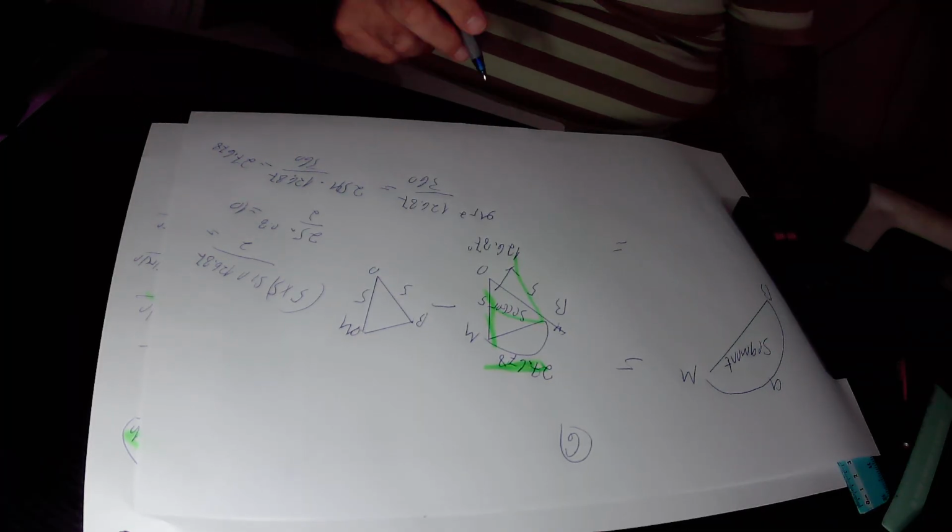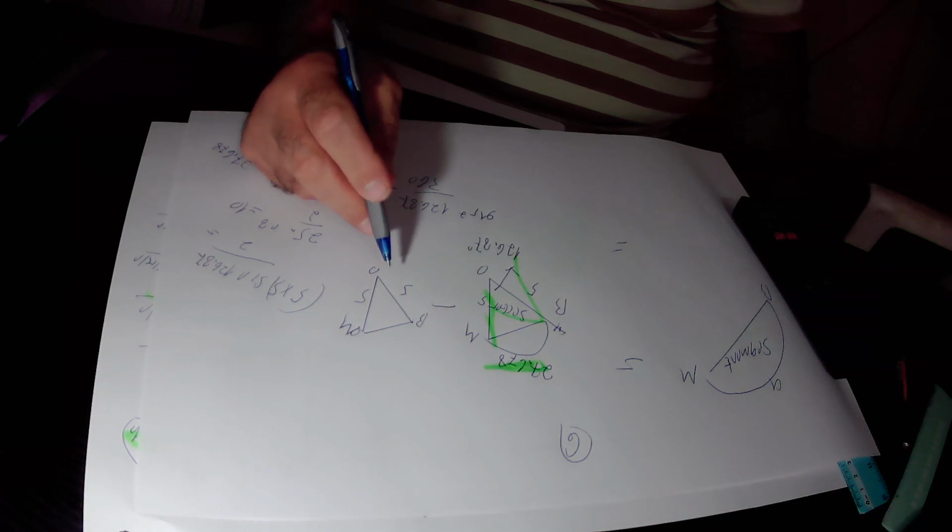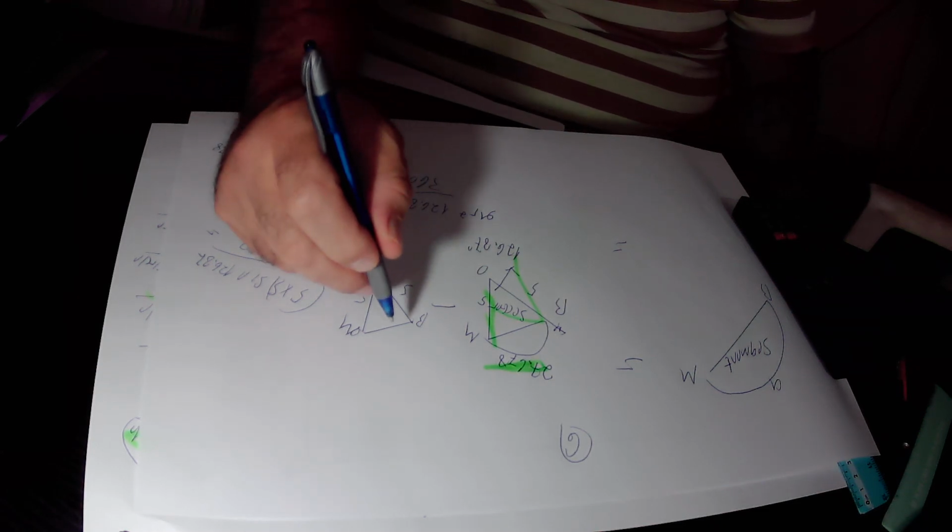So in total, we found out that the area of this isosceles triangle BOM equals 10 square units in its size.